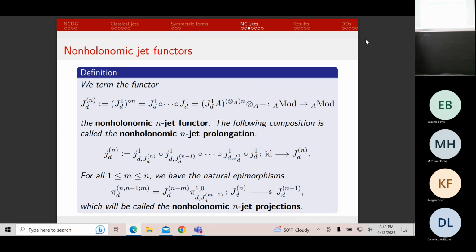It contains too much information, but it already allows us to formulate a notion of prolongation, which can be done by composing together the prolongations at each step. Each time we apply a jet functor, we have a prolongation, so we compose them and we obtain a prolongation from the module to the non-holonomic jet bundle.